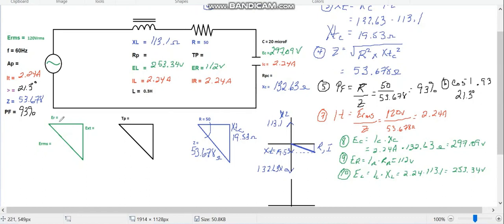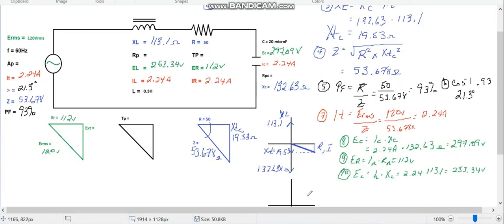Okay, so now we know when we have a resistor voltage here that's 112 volts. We know our RMS is 120 volts. We already know that. And when we're solving for our total voltage, it's actually a total voltage as a result of the reactance that's happening here.